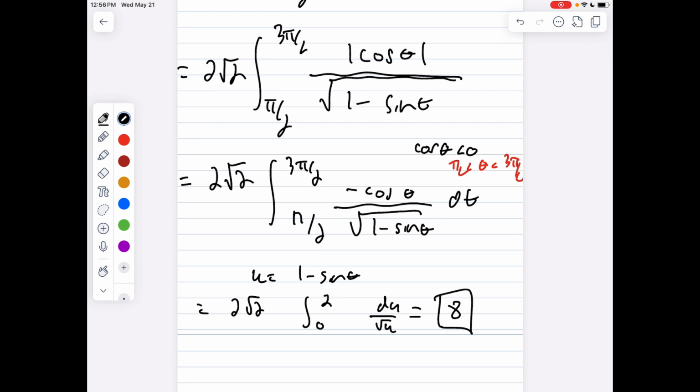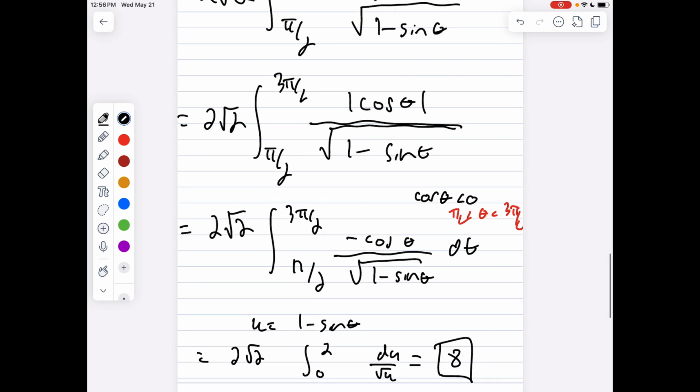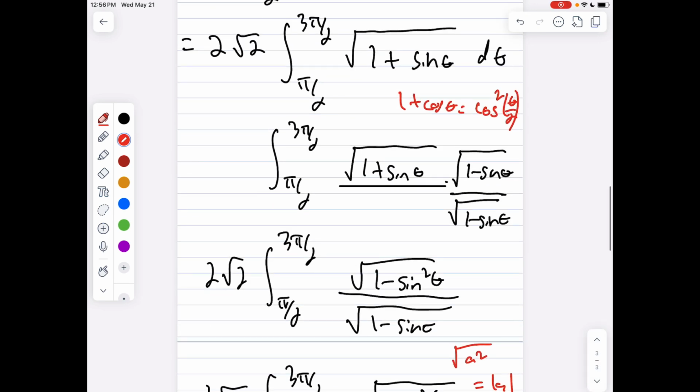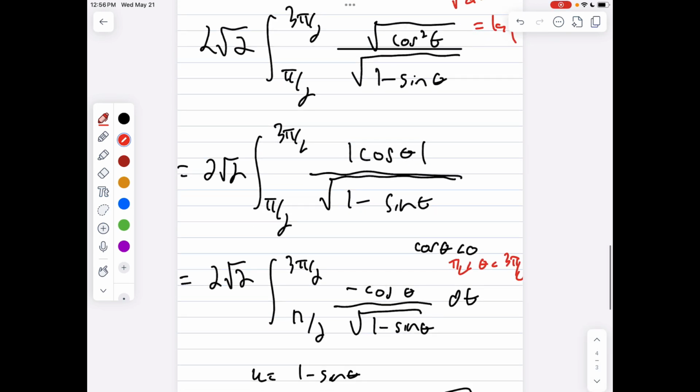I'll skip those details. The big advantage of going from pi over 2 to 3 pi over 2 is that if you had gone from 0 to 2 pi instead, you would have done all the math I've done, and at this point, with limits 0 to 2 pi, you would have had to split this into 3 integrals, because cosine takes on different signs.